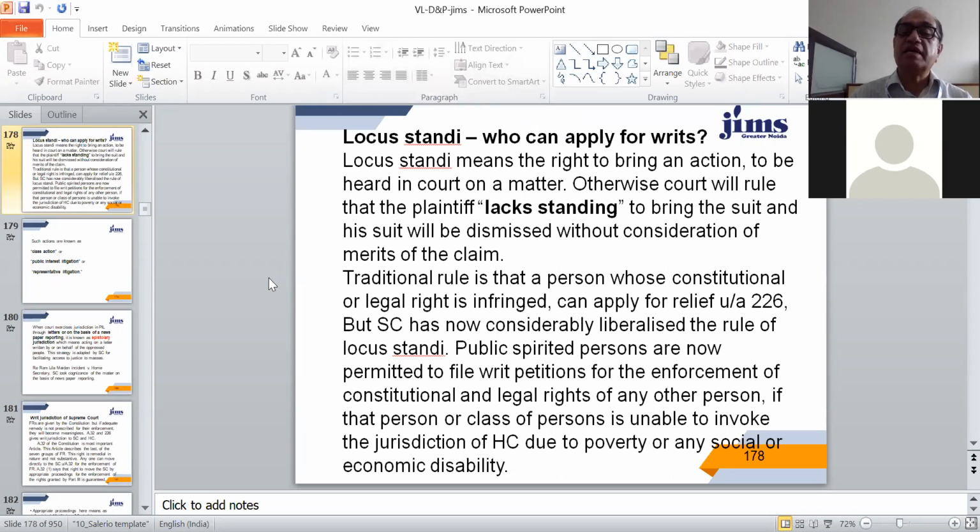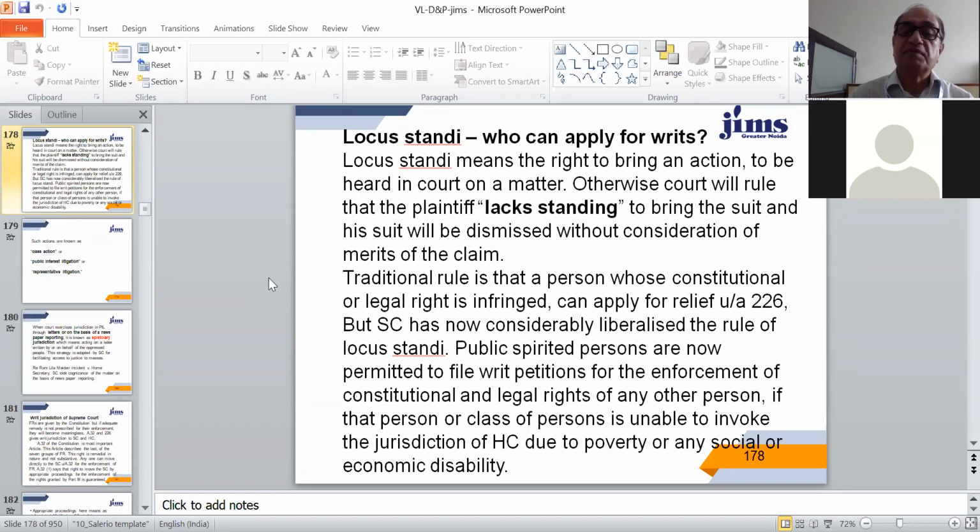And the traditional rule is that a person whose constitutional or legal right is infringed, only he can apply for relief under Article 226. But the Supreme Court has now considerably liberalized the rule of locus standi.